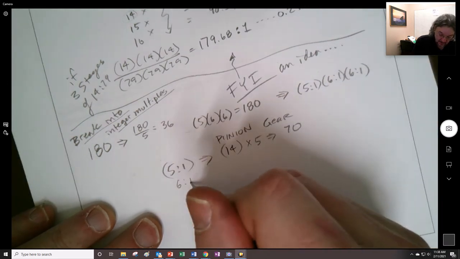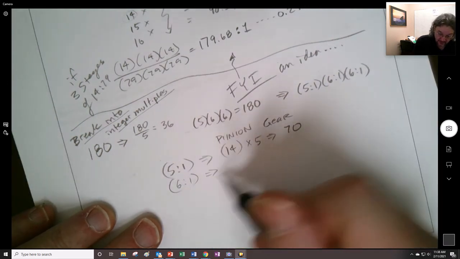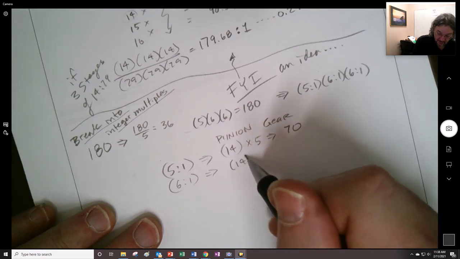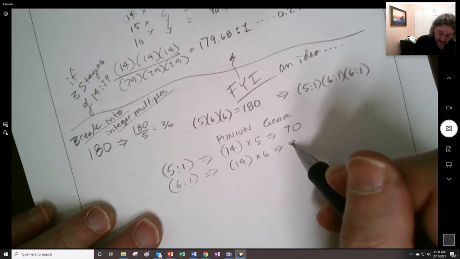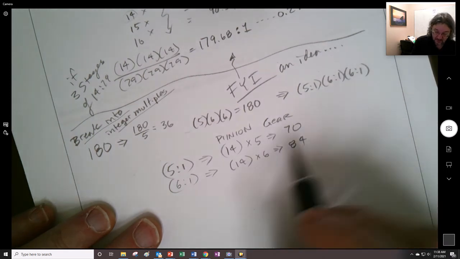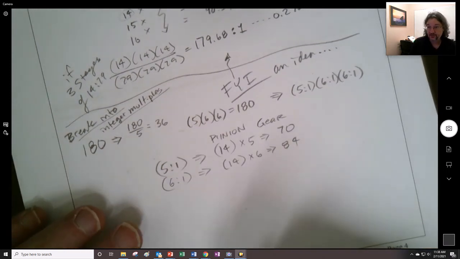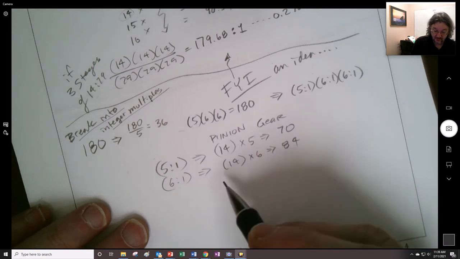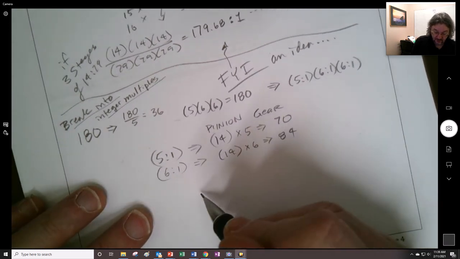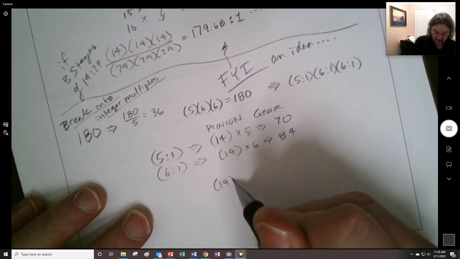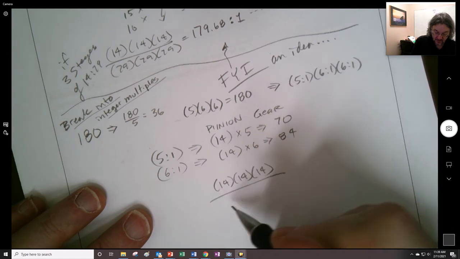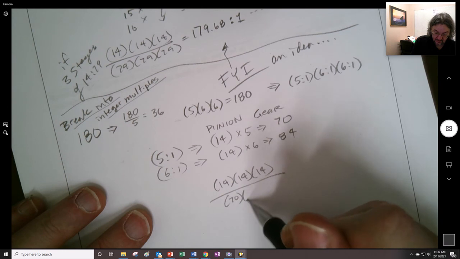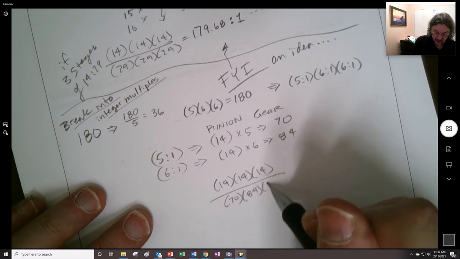For the 6 to 1, let's pick 14 times the 6, which gives 84. That would be a way to do it. So the gear teeth would be 14, 14, 14, and 70, 84, 84.